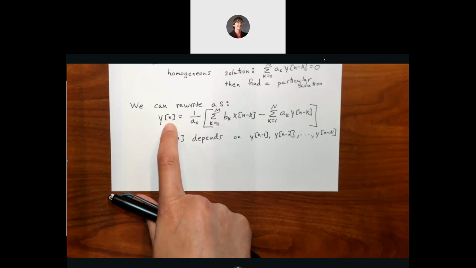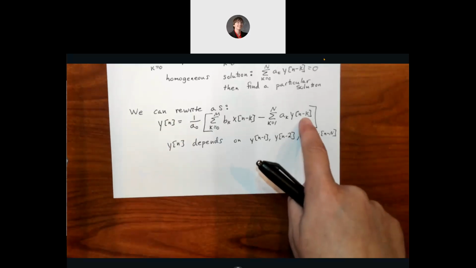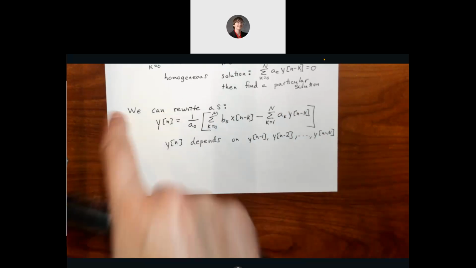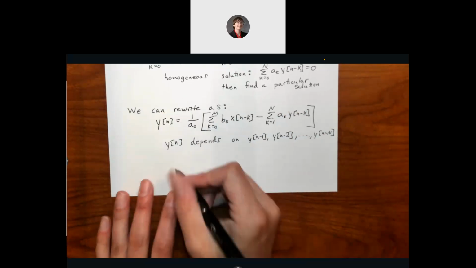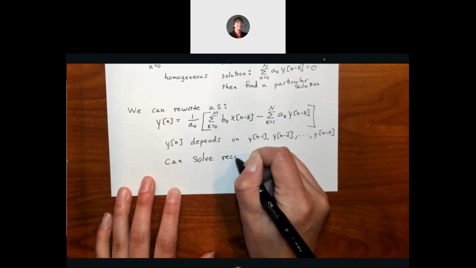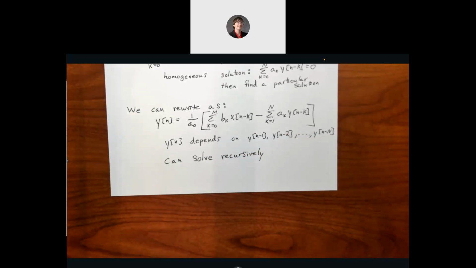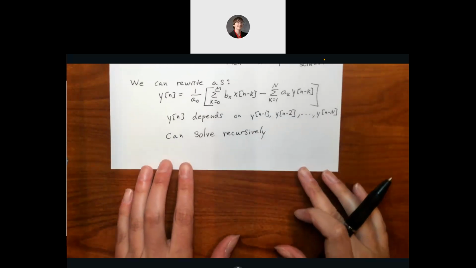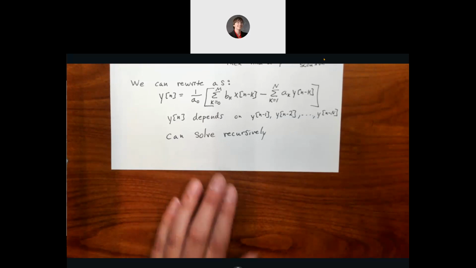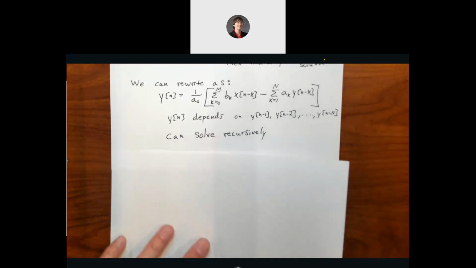Right, so I can first find what is y[0], get that solution, plug in the y[0] to get my y[1], and so on and so forth. All right, so that's probably the easiest way to solve these kind of problems. And we'll take a look at an example here of how we can do that.